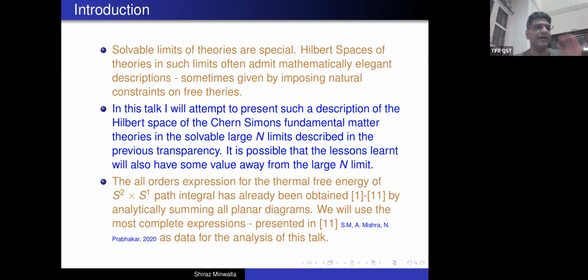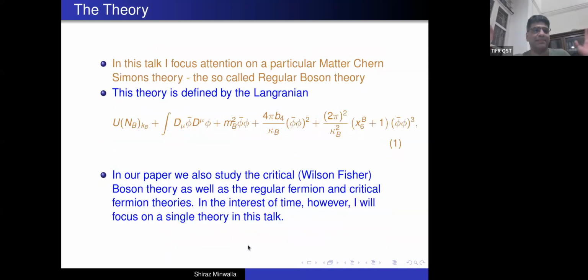In the rest of the talk, I'm going to show you how that answer has a relatively simple and, in my opinion, interesting Hilbert space interpretation, so that you can use that answer to back-construct the Hilbert space of the theories for which this partition function is computed. Okay, so that's the plan for the rest of this talk. Please do not hesitate to stop me with questions or comments at any point.